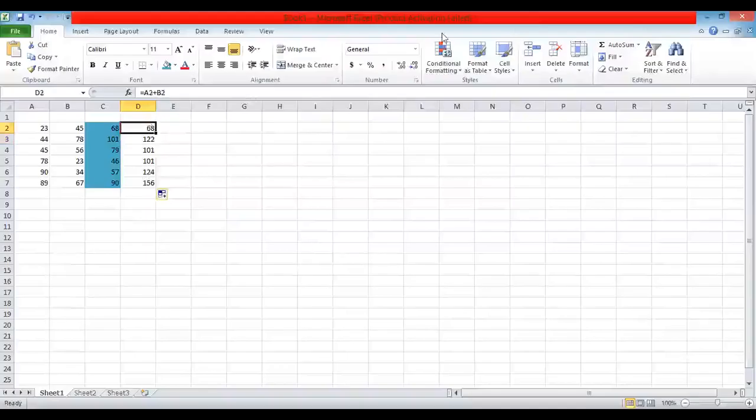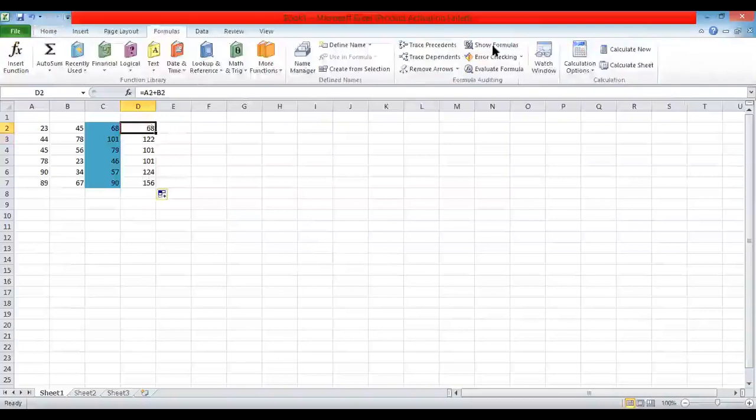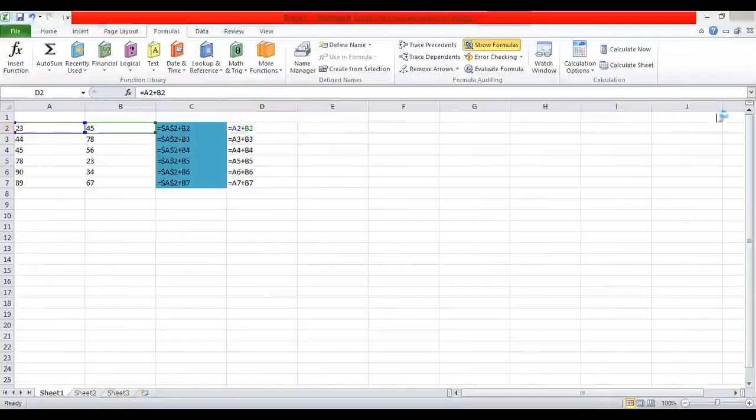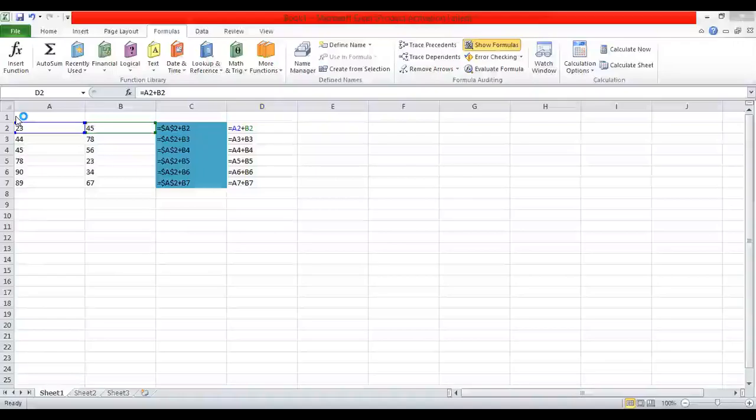If I was to show you the formulas, you are going to see that the two formulas are different. Let me just magnify my work. We have got this particular one on this side.